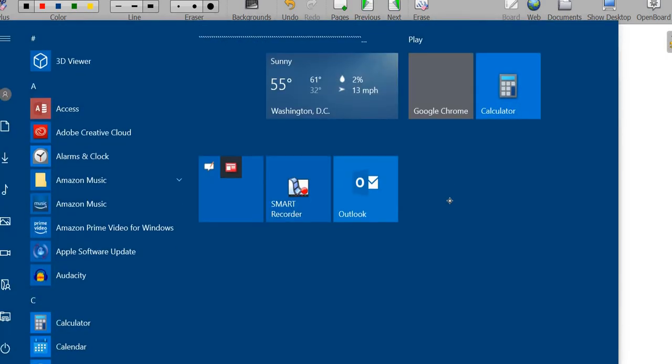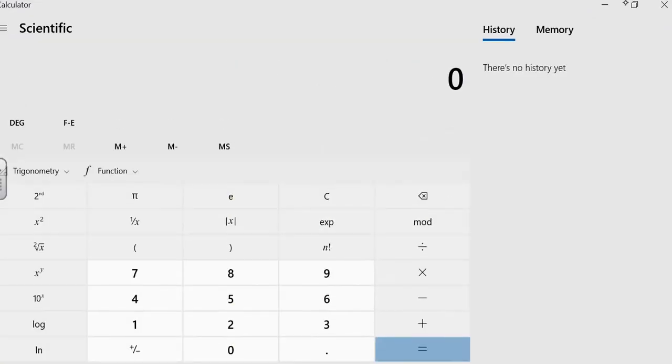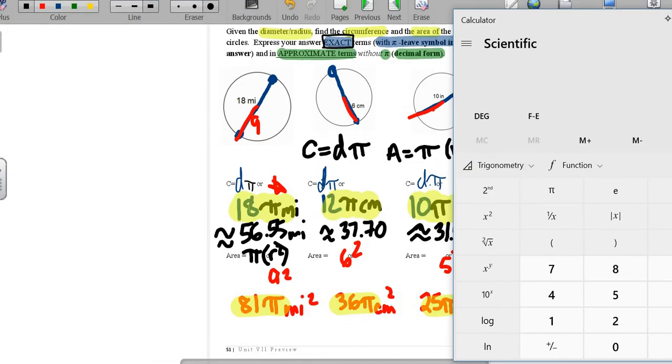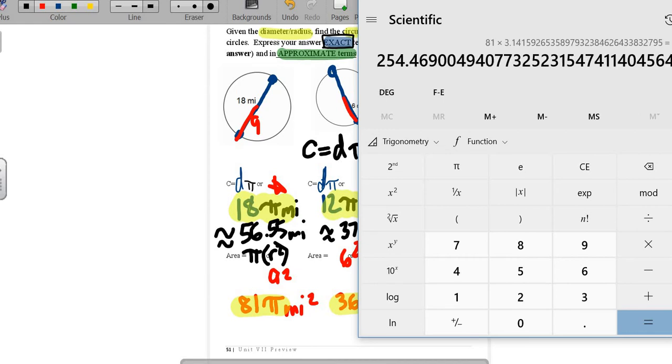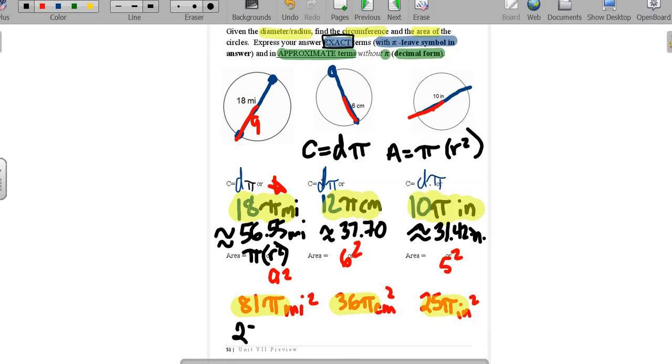This one, 81 times pi, you get 254.47. 254.47 miles squared.